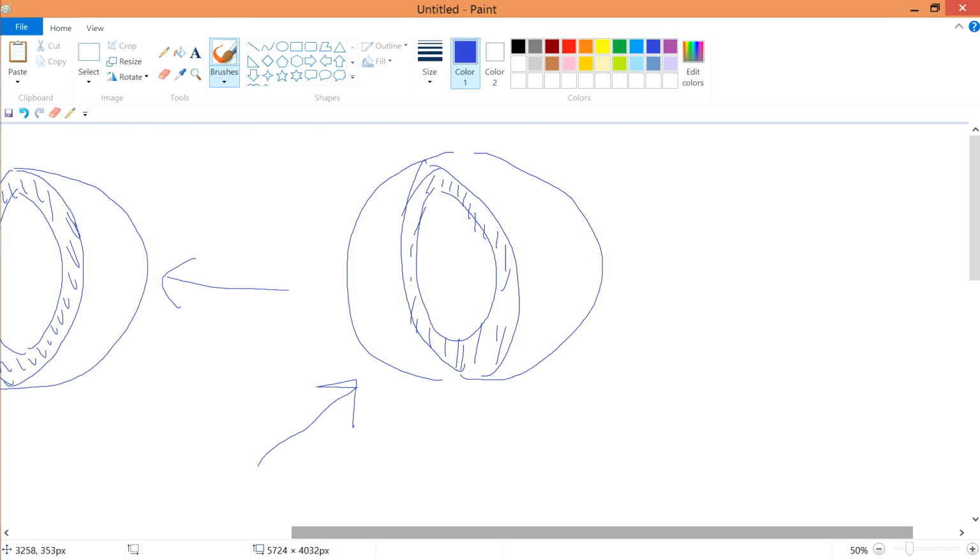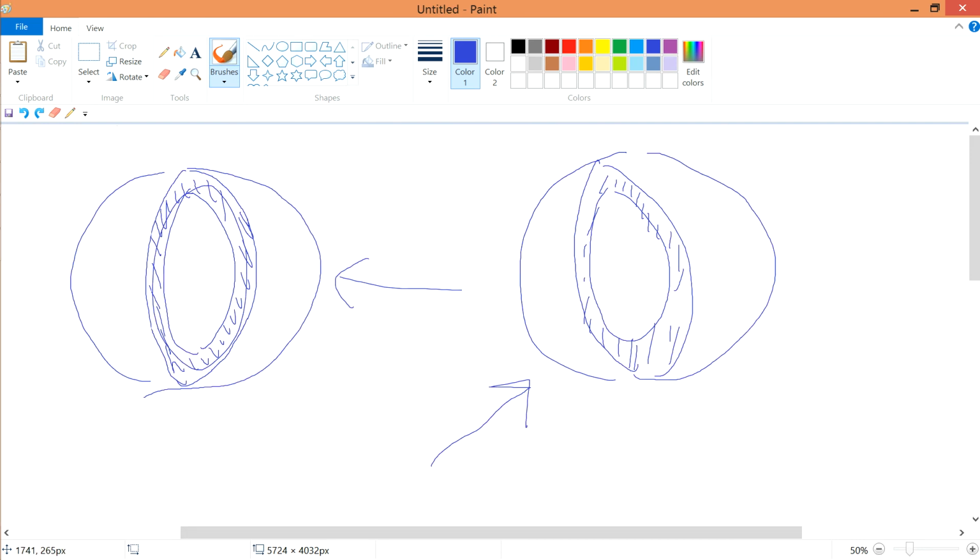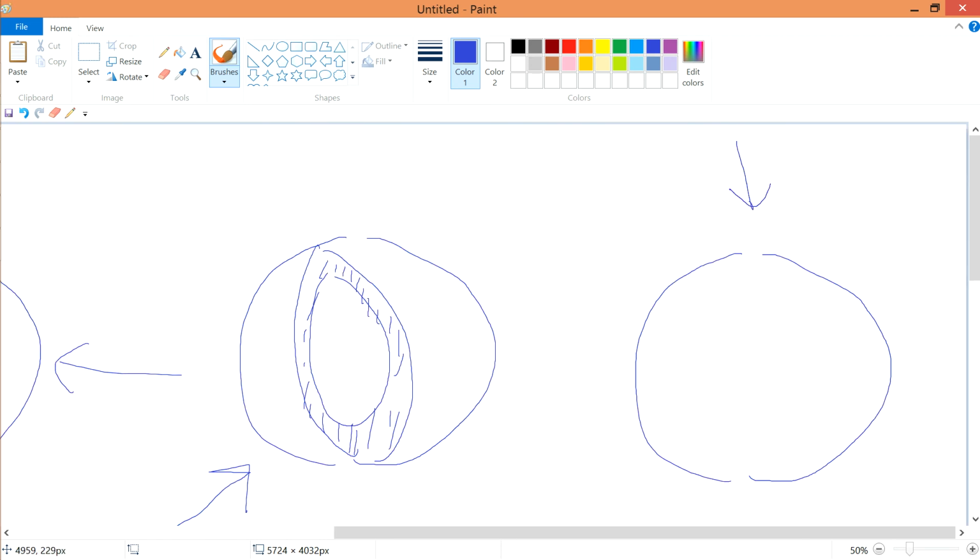In fact, this cross-section is the same as this cross-section over here. And if you look from the top, you're going to have a cross-section like this. So all these cross-sections are the same from wherever you see it. The cross-section is always the same.